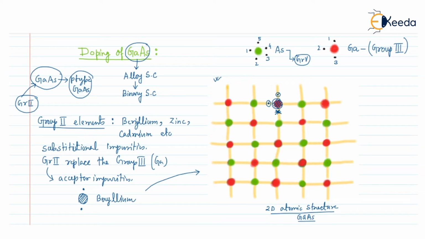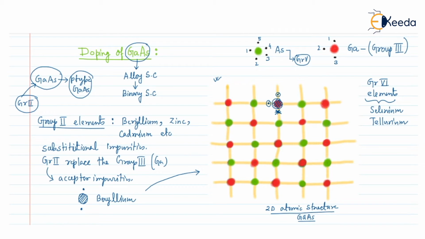Now let us dope this gallium arsenide with group 6 elements, such as selenium, tellurium.